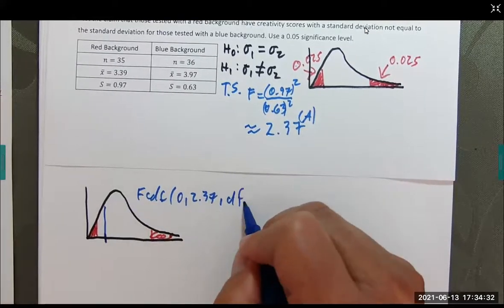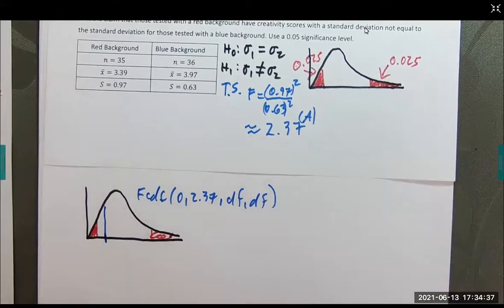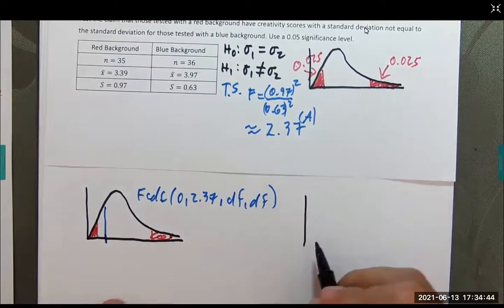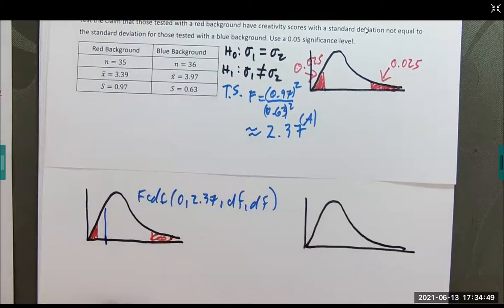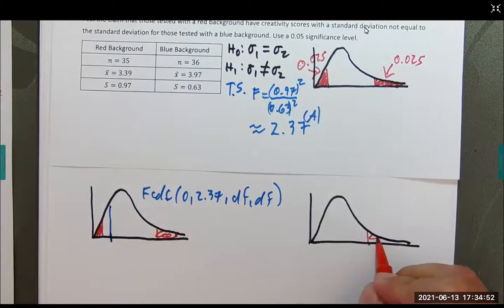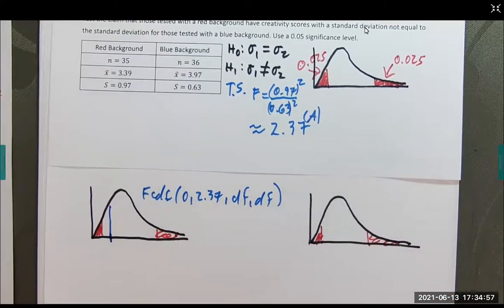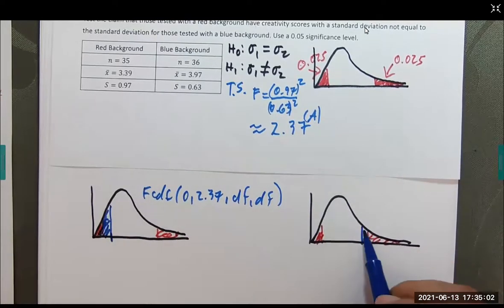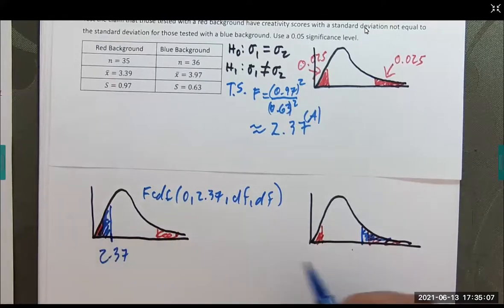Now, if it's supposed to be over here, and then my p-value is there, here's my 2.37.